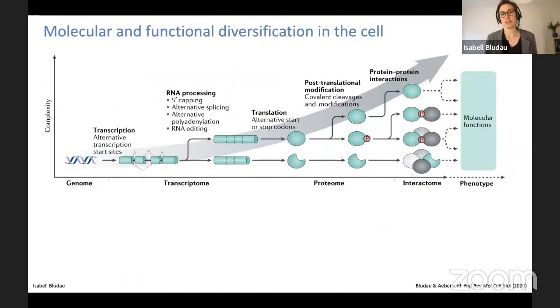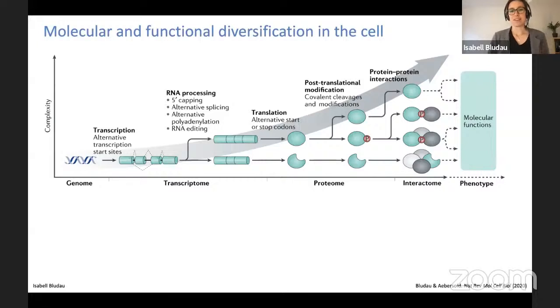So to introduce the topic of my presentation today, I want to start off with showing this figure which looks at the expansion of molecular diversity in the cell from the genome all the way to the molecular functions in the cell. Because in fact, the genome of the cell only contains in humans roughly 20,000 genes.